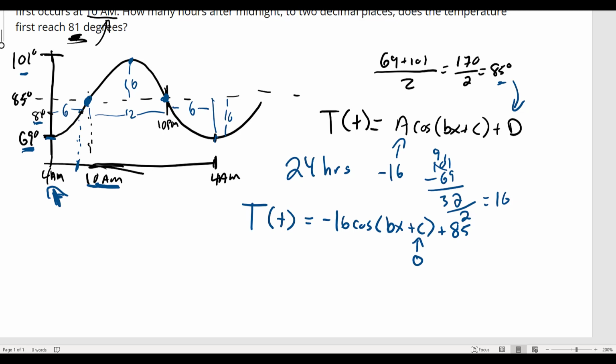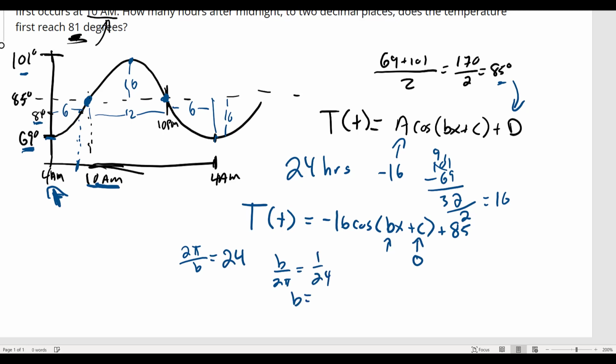So let's look at this B. A day is 24 hours. That's our period. And so the period is 2 pi divided by B. So that means B over 2 pi equals 1 over 24.